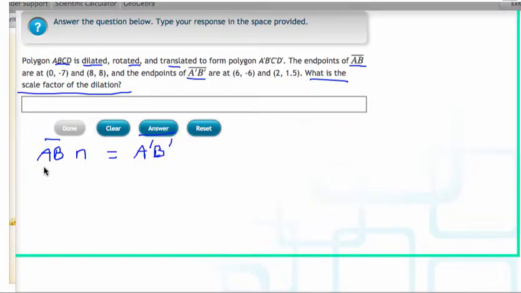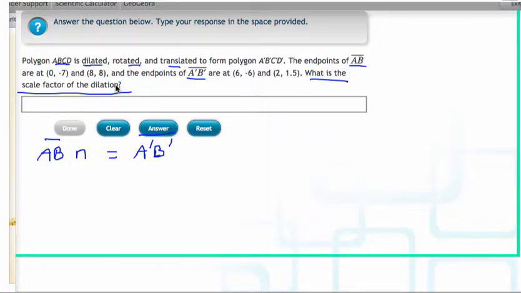So if we find the length of side AB and plug it in for AB here, and find the length of A'B' and plug it in here for A'B', we just need to do a one-step equation to find what n is, the scale factor of the dilation. So we can go ahead and find the length of side AB using the distance formula.